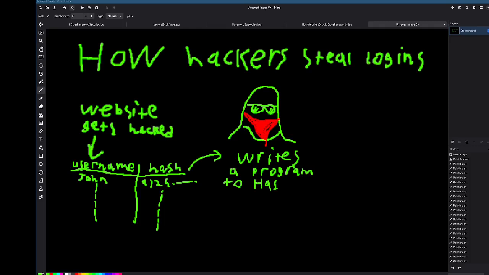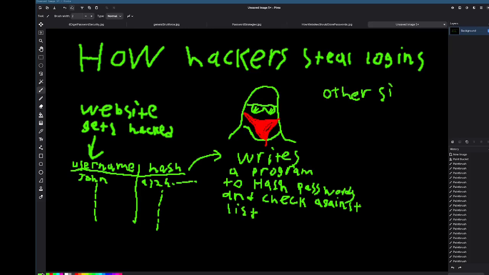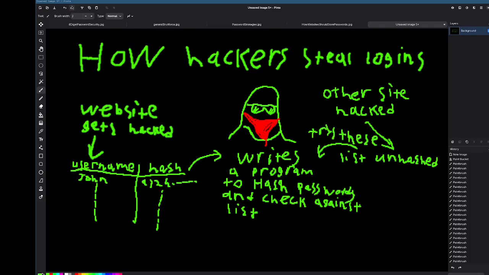They can't just use the hashed passwords directly, they actually have to recover the password first so they can log in. And they'll do this by writing a program that tries a bunch of different passwords and hashes them. Or sometimes they'll have a list of hacked passwords from a website that didn't hash their passwords, and they'll try a bunch of those.